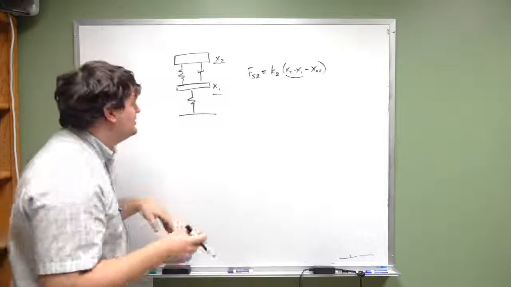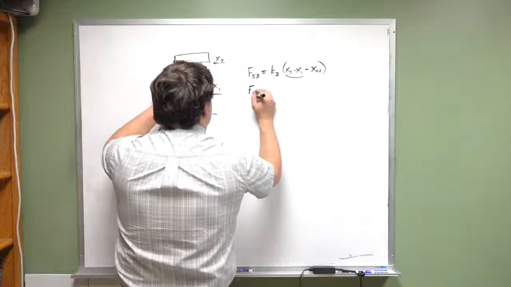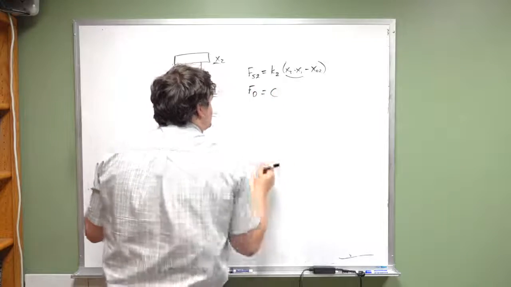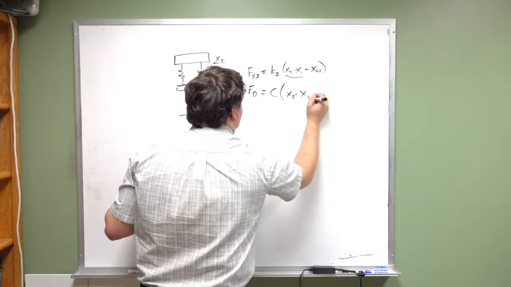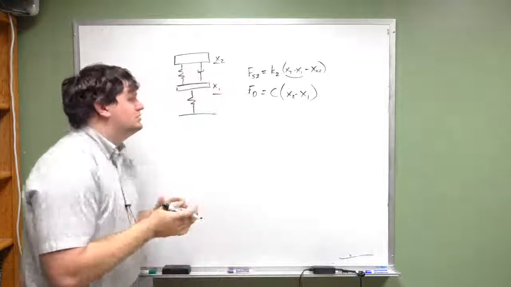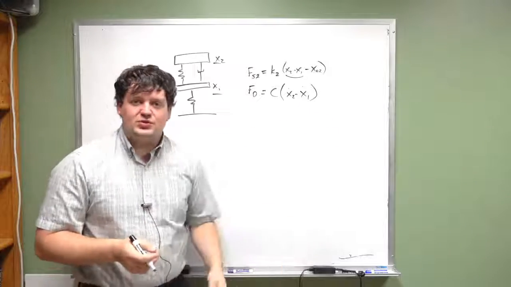And similarly, the force in the damper was equal to C times x dot 2 minus x dot 1, which relies on the velocity of both members.